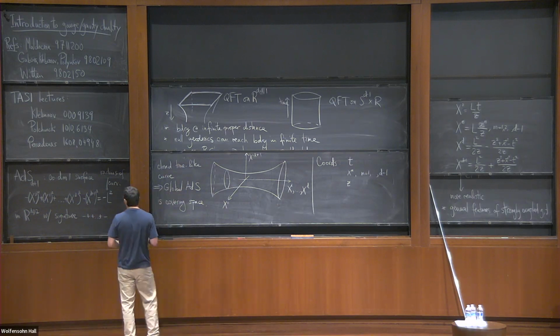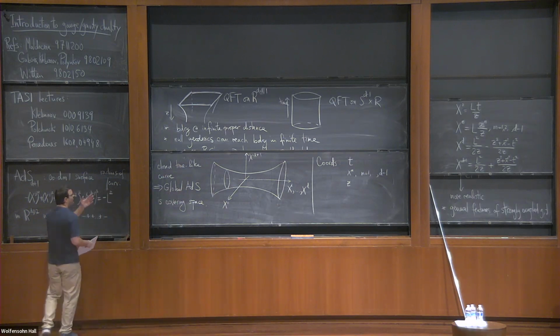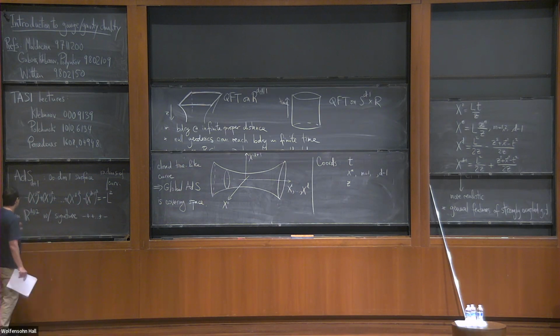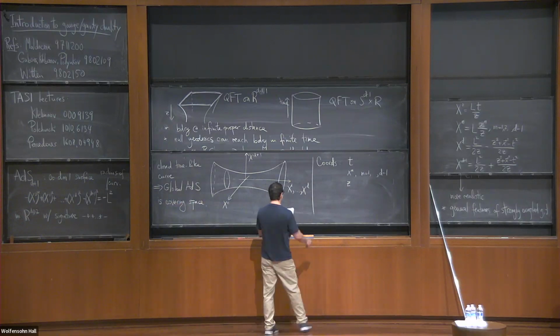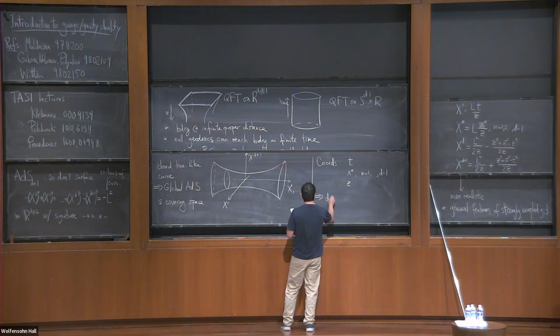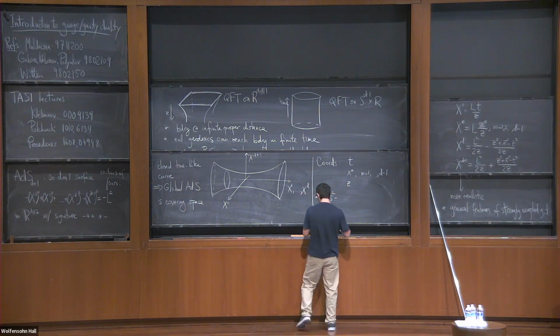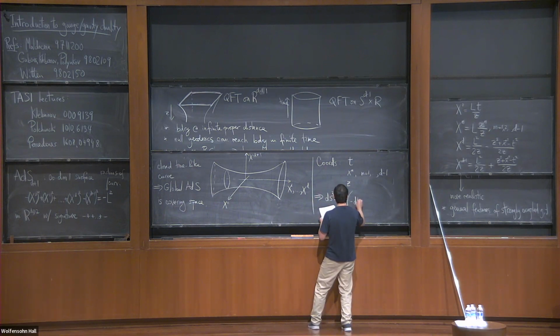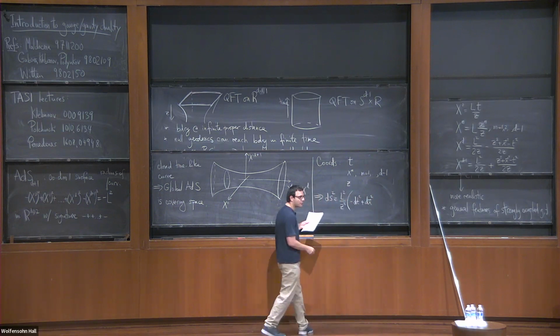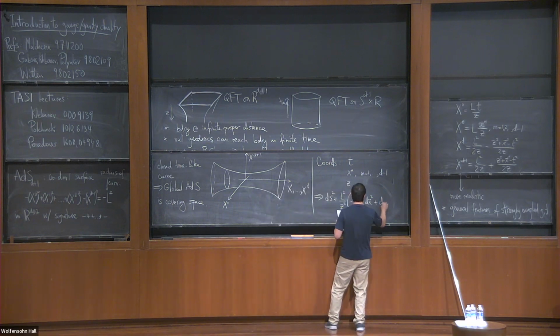Then we can obtain the metric in those coordinates from the induced metric, which is flat on R^{d,2}. And the metric in these coordinates is very simple. It is L squared over z squared times minus dt squared plus dx squared, the usual metric in Minkowski space, and then there's an extra plus dz squared.